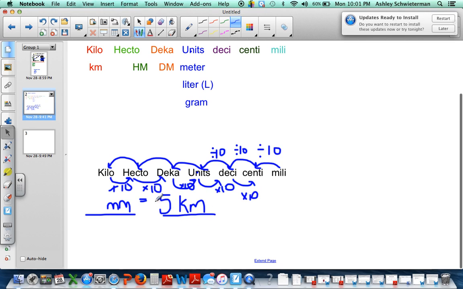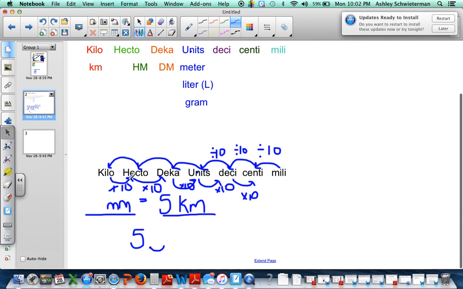Okay, so I started at kilometers, and I'm going to multiply by 10 until I get to millimeters. So 5 times 10 is 50, times 10 is 500, times another 10 is 5,000, times another 10 is, and I lose track. So I'm going to put my 5 here, and I'm going to put a decimal place. And actually, when I'm multiplying by powers of 10, it is moving the decimal place to the right.